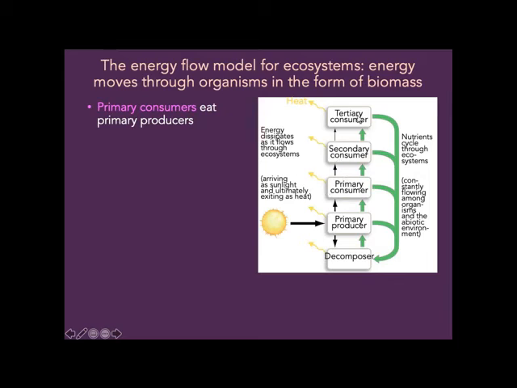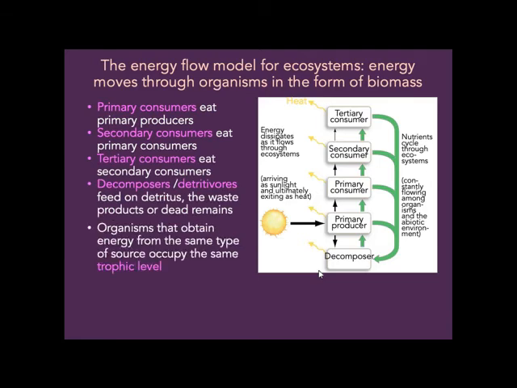Same with the secondary consumer and the tertiary consumer and even the decomposer. So you can think of nutrient cycling as a closed system, which is different than the energy flow, which is kind of an open system. It's kind of leaky. The sun is shining a lot on the primary producer, and then energy is being lost at each stage of transition.